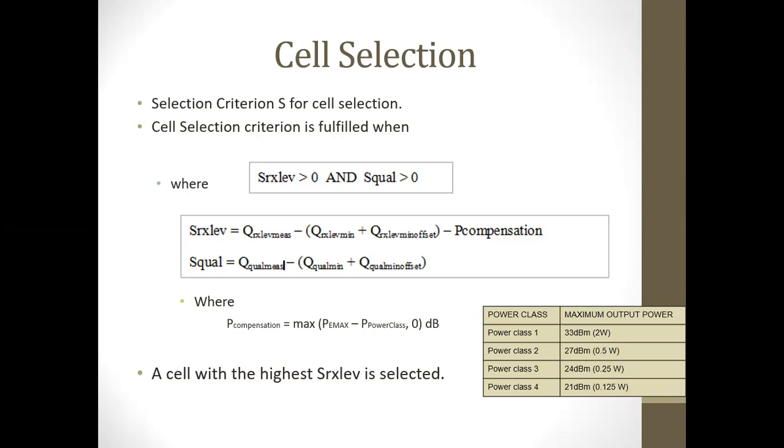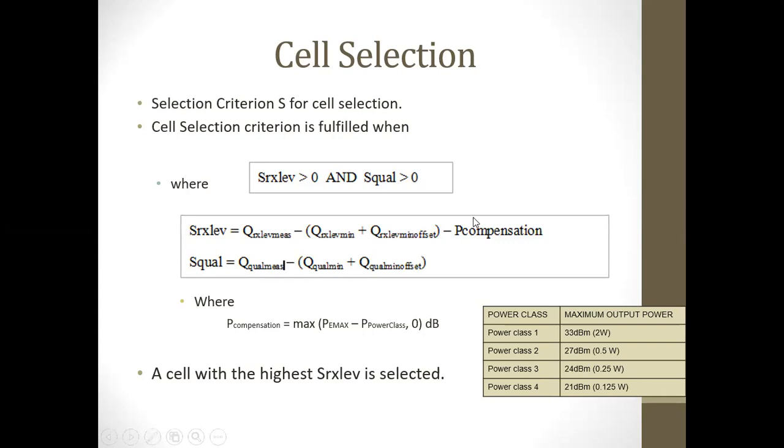Of course, among whichever cells you are listening to, they will be compared and you select the best one. But you also have to check whether or not it is above a threshold value. If it is not above the threshold value, then you cannot select. And that threshold value is also given by the network. It is called Qrxlevmin.